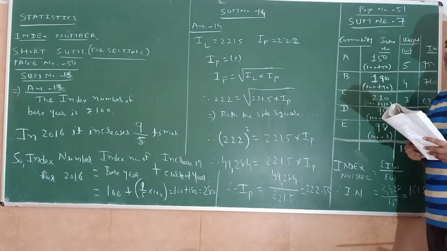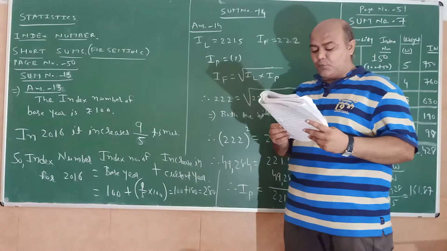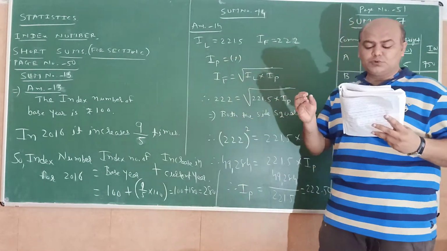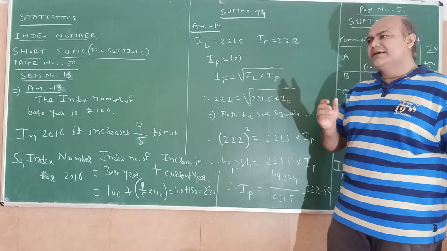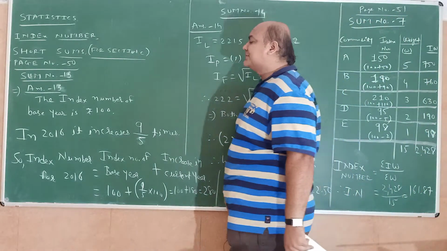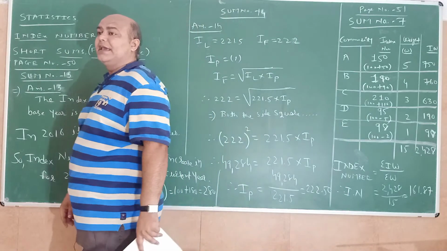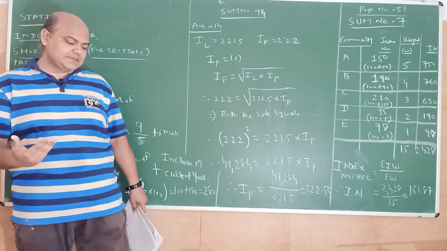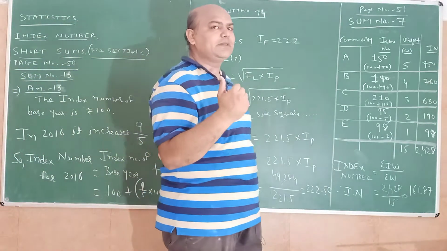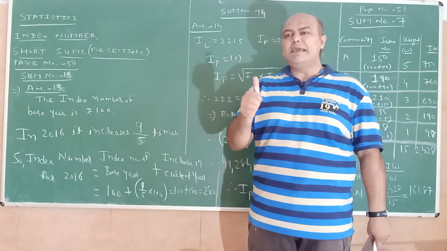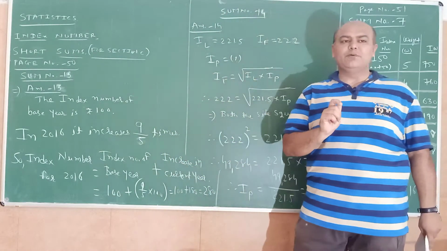Here, 2 years are provided. They provide us the information for 2016. See, the base year is not provided. As we studied earlier, students, whenever the base year is not there, we have to take base year as 100.